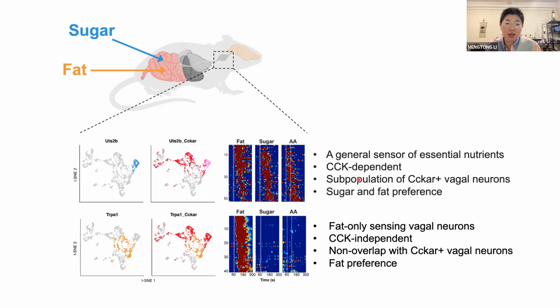And it's a subcluster of the CCK receptor expressing vagal neurons, mediating the sugar and fat preference. Whereas the other is activated only by fat, and is independent of the CCK signaling and doesn't overlap with CCK receptor expressing vagal neurons, mediating the fat preference.